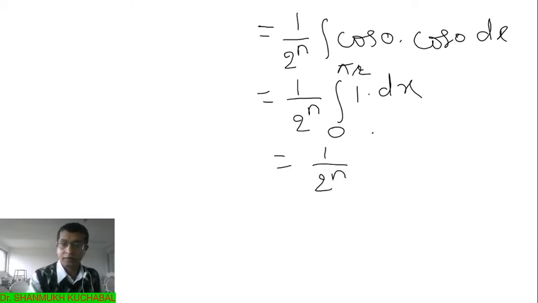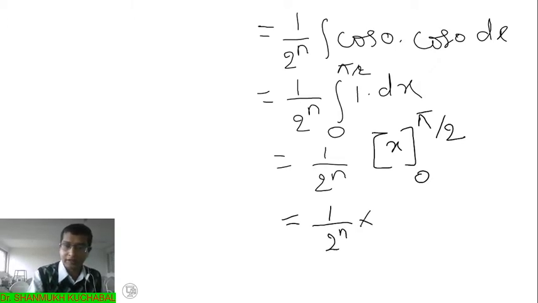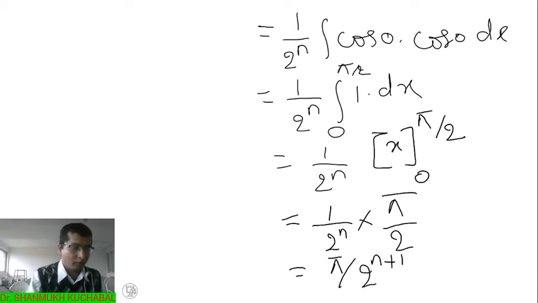Integration of 1 is x, with the limit from 0 to pi by 2. So the value of x equals upper limit minus lower limit, pi by 2 minus 0, we get pi by 2. So 1 divided by 2 raised to n is multiplied by pi by 2. So we get pi divided by 2 raised to n plus 1.